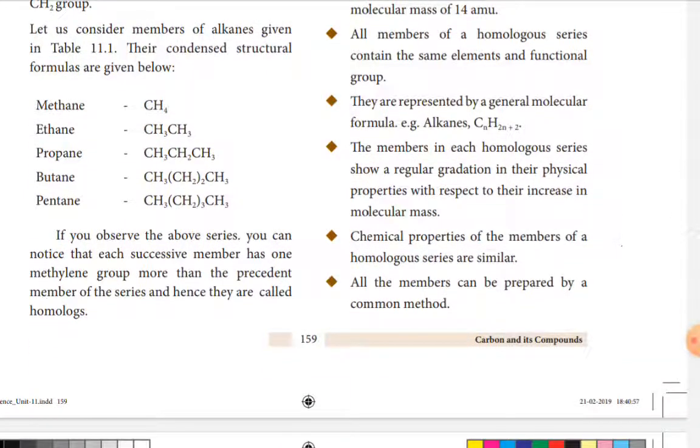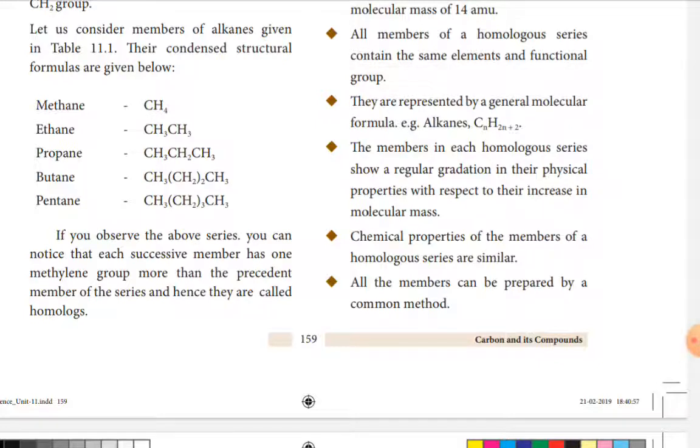Chemical properties of the members of the homologous series are similar because they possess the same kind of elements, carbon, hydrogen, and the same functional group. So there is more or less no change in chemical properties, only physical properties change because of the increase in molecular mass.